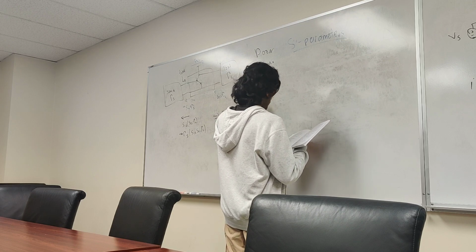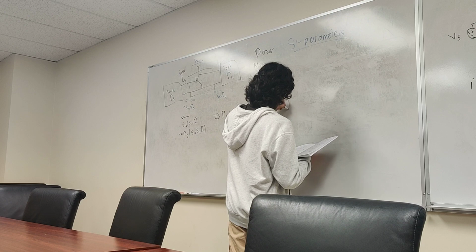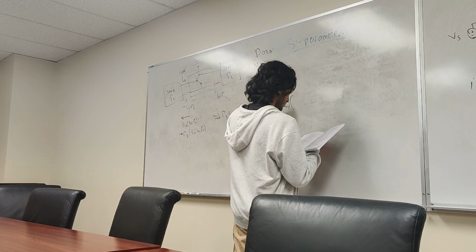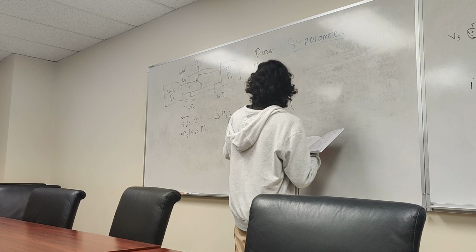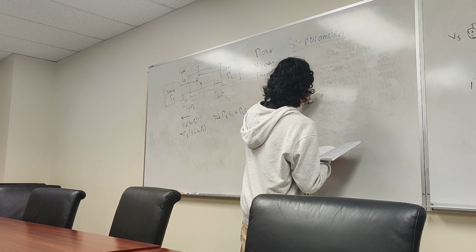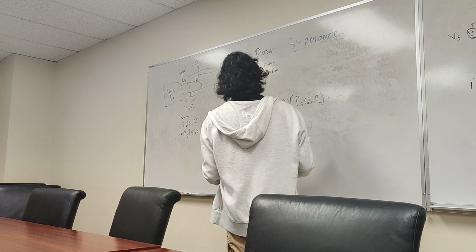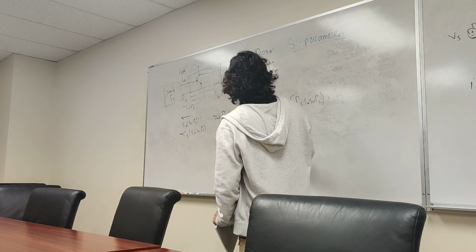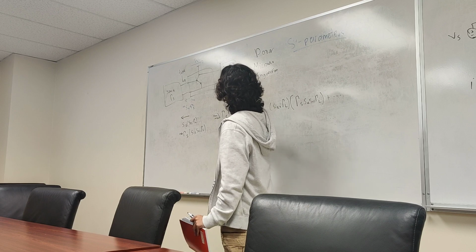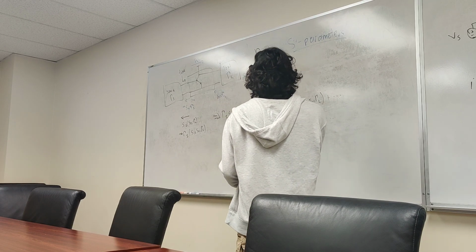Plus S22 gamma L times this quantity. This goes on infinitely. And you can see that this S22 gamma L is because this ends up going back here, gets reflected by gamma L, and goes back. So the S22 part comes into play there.